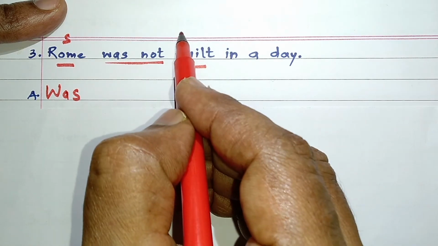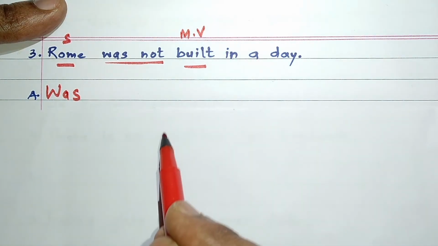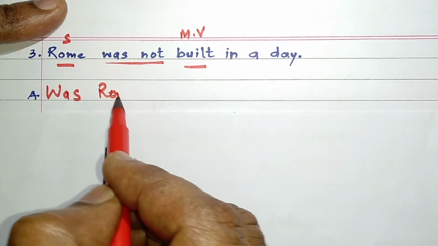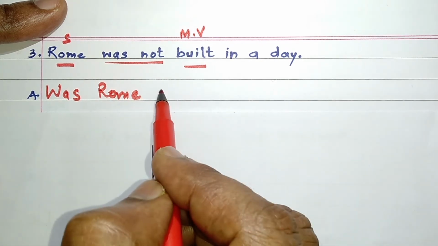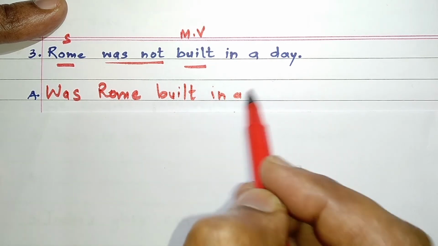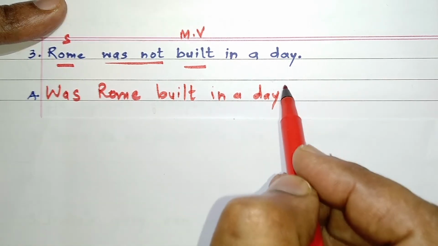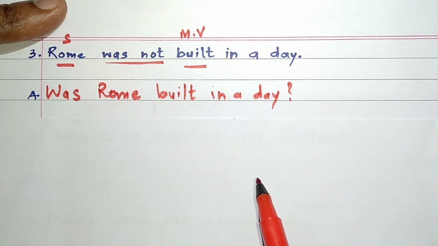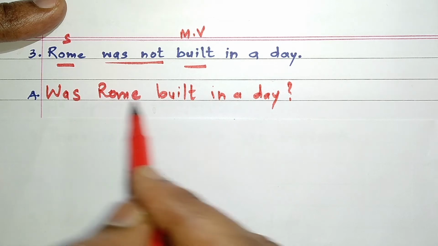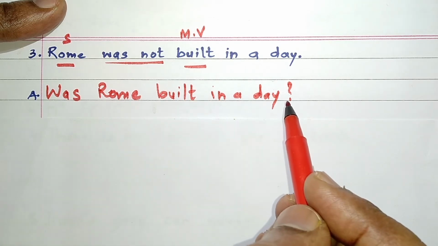Built is the main verb. So we will say, was Rome built in a day? Question mark at the end. So our interrogative answer is, was Rome built in a day?